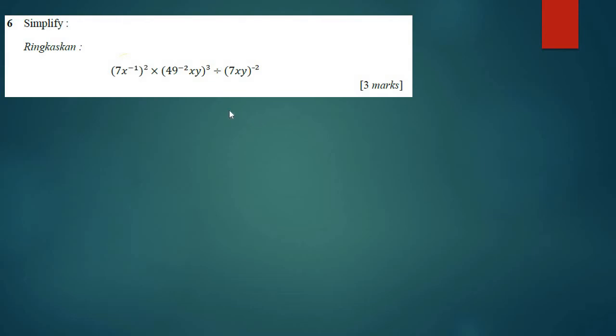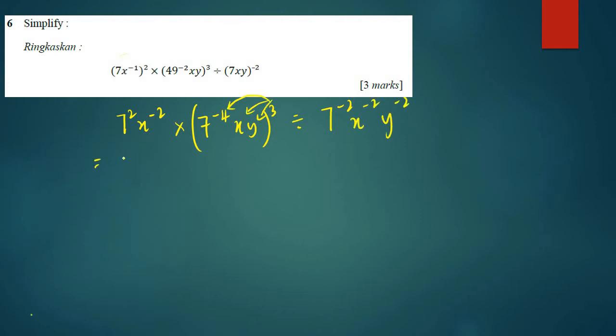Let's continue with this question, question number 6. Okay, given the question as shown. To solve this question, we need to expand it to 7 power 2, x to the power of negative 2 times. So 49 can be changed to the same base as 7, to the power of negative 4xy, divided by 7 negative 2, x negative 2 and y negative 2. Okay, simplify.